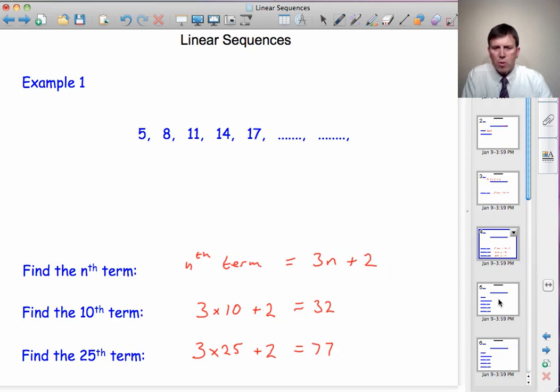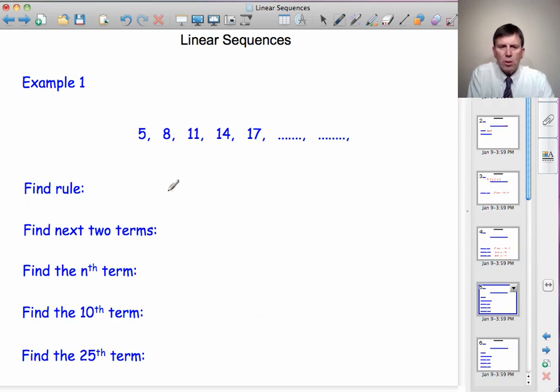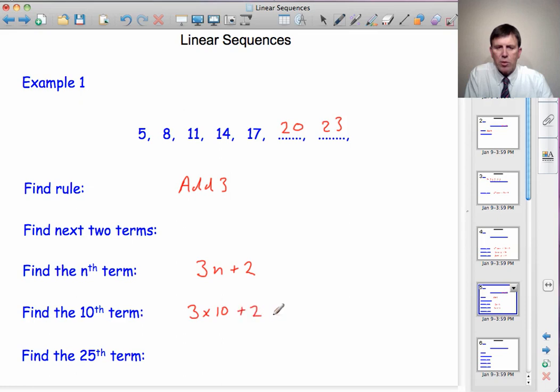So let's just summarise what we found there then. The rule was add 3. The next two terms we found to be 20 and 23. The nth term was 3n plus 2, and then we used that formula to find the 10th term. 3 times 10 plus 2 is 32, and the 25th term, 3 times 25 plus 2, which was 77.